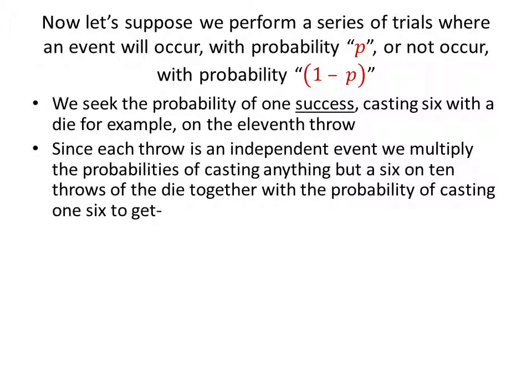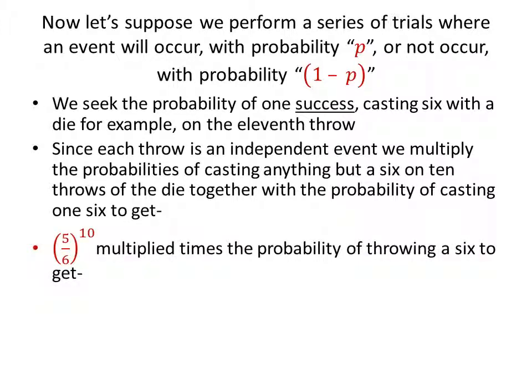Since each throw is an independent event, we multiply the probabilities of casting anything but a 6 on 10 throws of the die, 5/6 to the 10th, together with the probability of casting a 6 on the 11th throw, 1/6, to get approximately 0.0269.